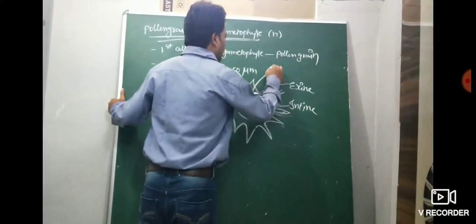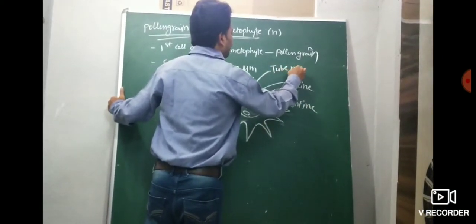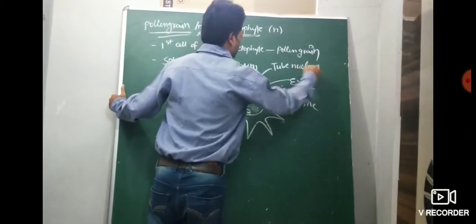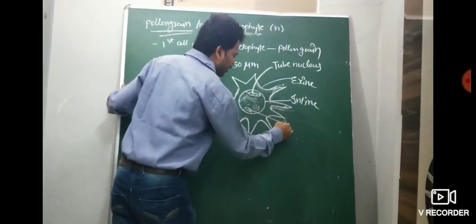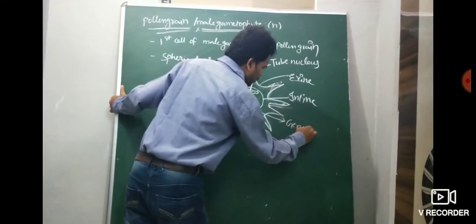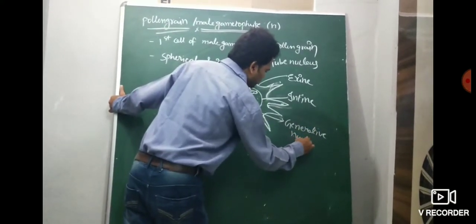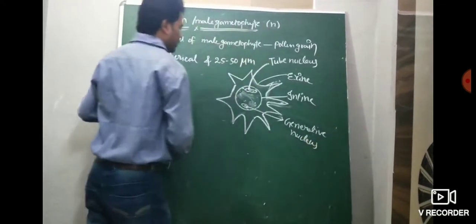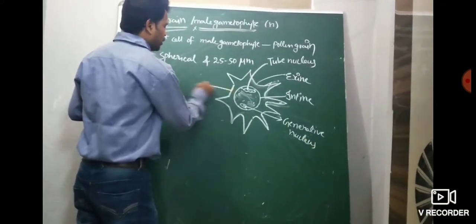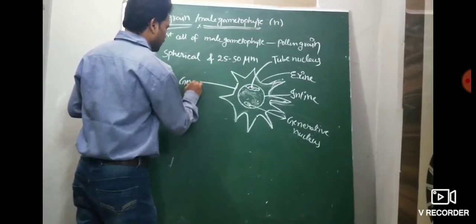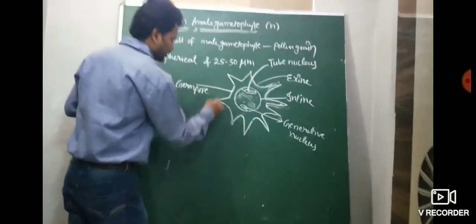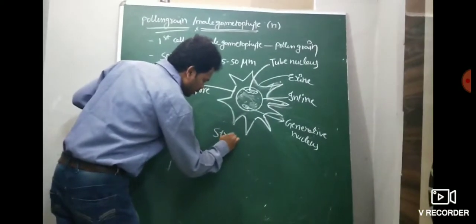This is the tube nucleus. This is the generative nucleus. Then this is the germpore. So this is the structure of the pollen grain.